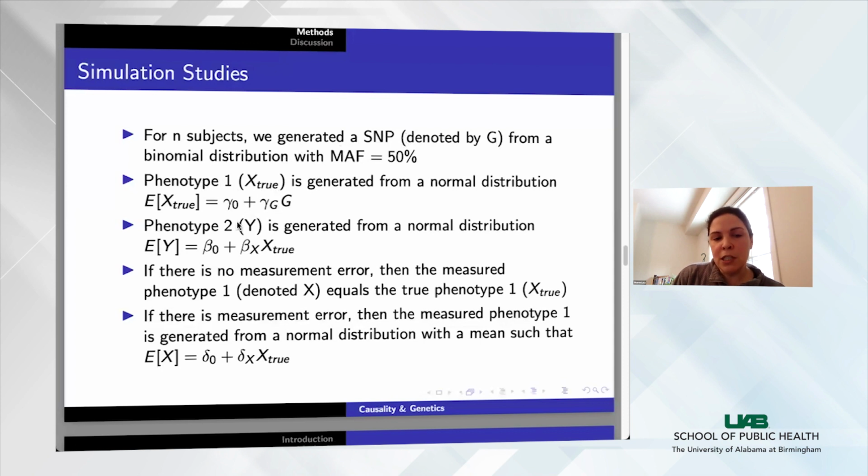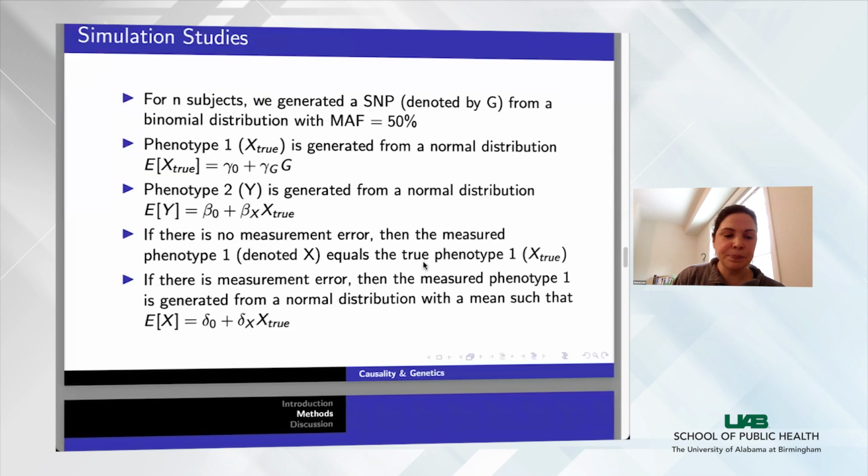Our phenotype Y is generated from a normal distribution as a function of X true, or phenotype 1. If there's no measurement error, then we set our measured phenotype 1, X, equal to X true. If there was measurement error, then we generated our measured phenotype 1, X, from a normal distribution such that the mean of X is delta naught plus delta times X true.